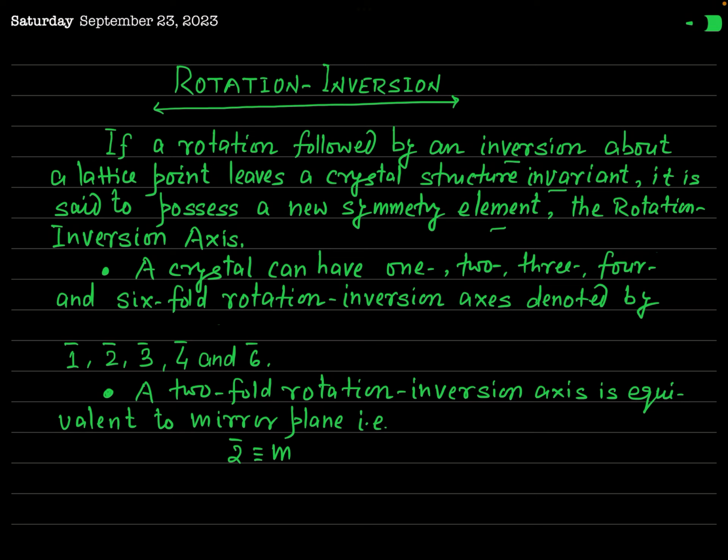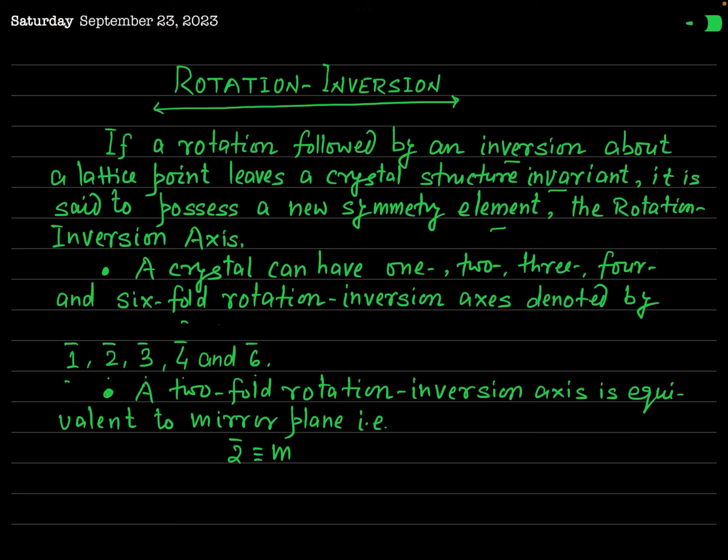First of all, you can see that a crystal can have only 1, 2, 3, 4 and 6-fold rotation inversion axes, and these are denoted by 1 bar, 2 bar, 3 bar, 4 bar and 6 bar.